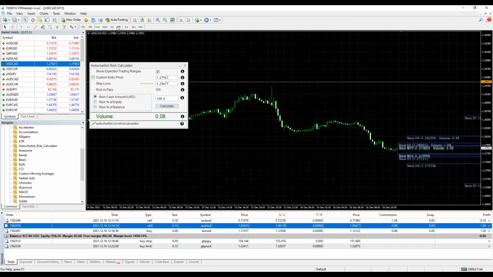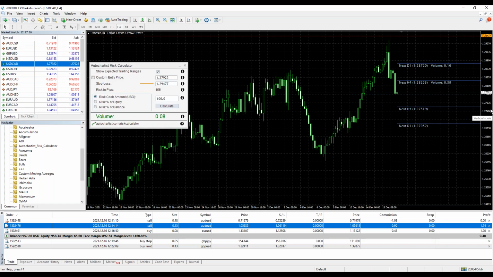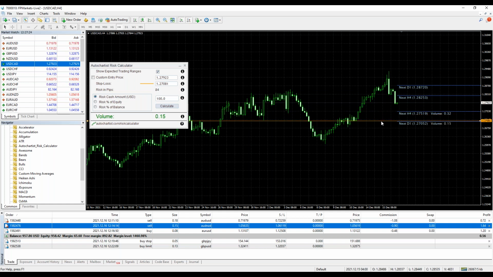Now let me move on to the 4-hourly to show you a bit of information that's on here. If you notice, when I start moving my stop loss level, the volume information changes on those lines. Now, this is a shortcut thing. I can see that if I set my orange line on that blue line, my volume size is the same as my volume on my risk calculator.